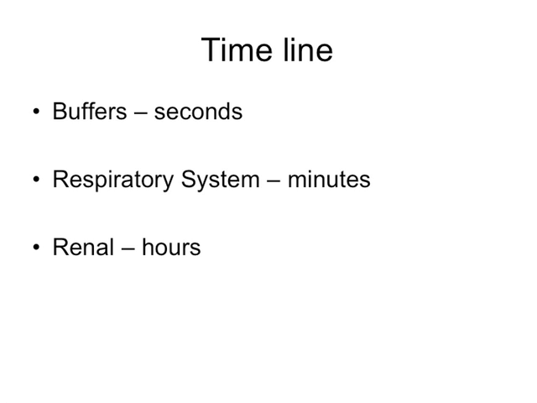Now, we've already seen an example of a buffer system when we looked at how the body carries carbon dioxide in the blood. And if you remember, the carbon dioxide filters into the red blood cell where it forms carbonic acid and then dissociates to form bicarbonate and an acid ion. The bicarbonate leaves the red blood cell, and that's how we carry carbon dioxide back from the tissues to the lungs.